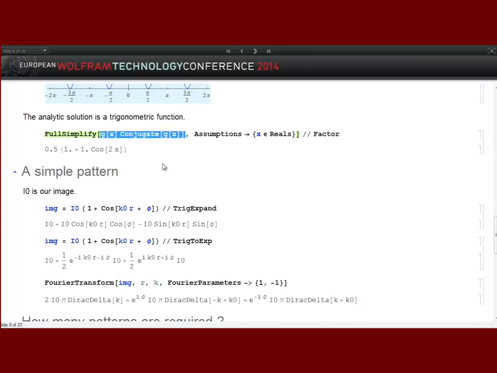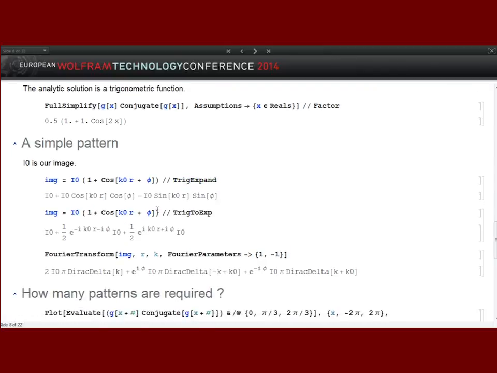Now we can analyze this a little bit further. I'm just simplifying this. So here we have an image, I of 0, 1 plus cosine, and here we have our pattern again. If I perform a trig expand, then we notice that we have two components, a cosine and a sine function.